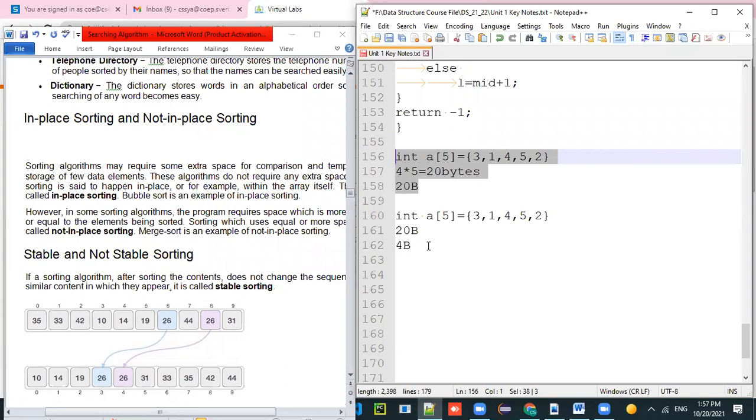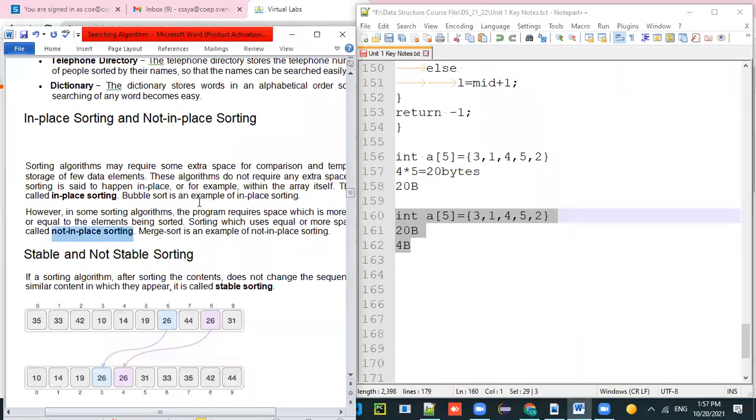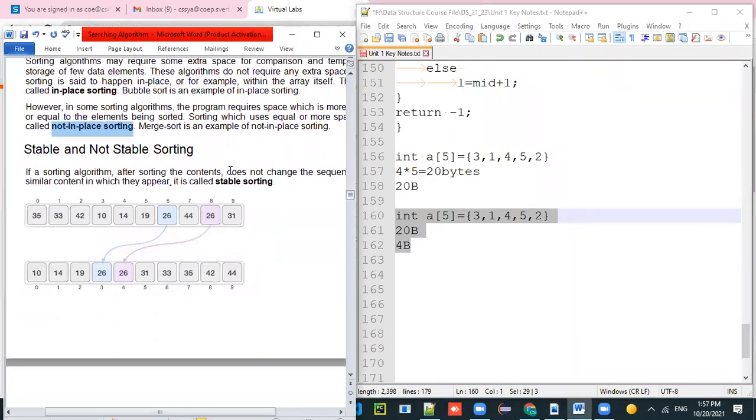And if the algorithm requires some more or extra space for comparison purposes, it is called not in-place sorting. Did all of you get the difference between in-place and not in-place sorting? Yes, sir. Okay, good.